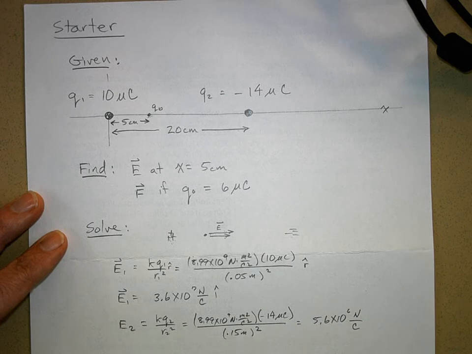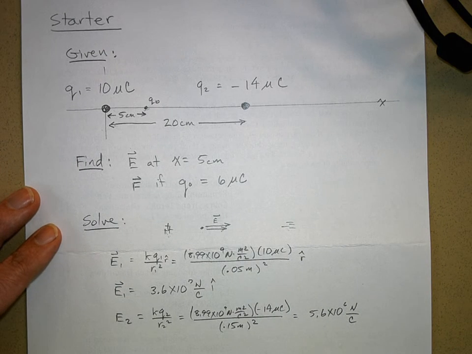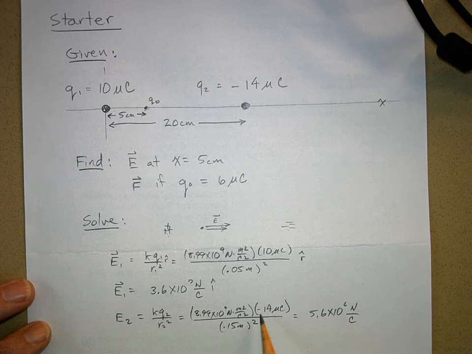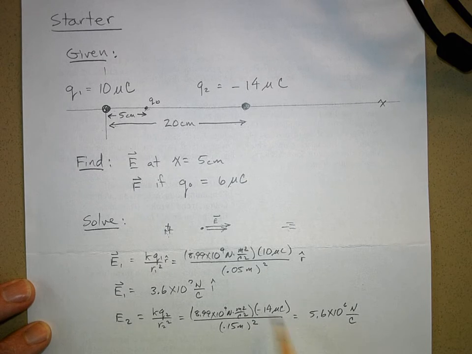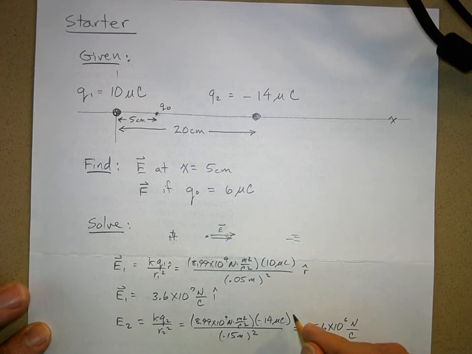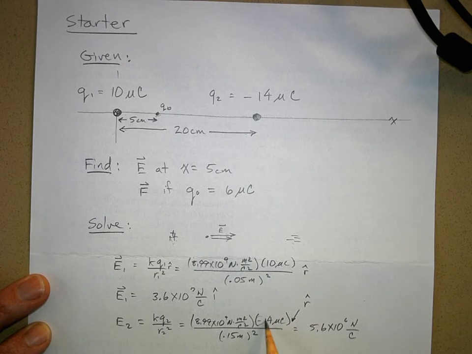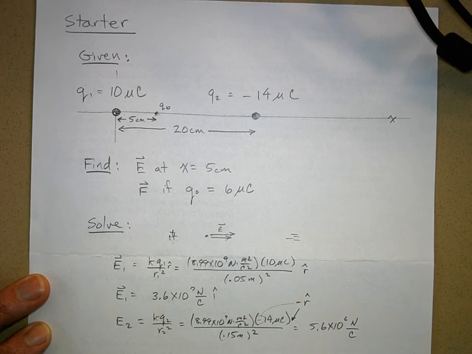Now let's talk about direction. Because it's easy to get confused if you stop thinking about what's physically actually happening. What does this negative mean? Well, the negative really should be attached to an R hat vector, and I didn't put it in there. So this should be negative R hat.